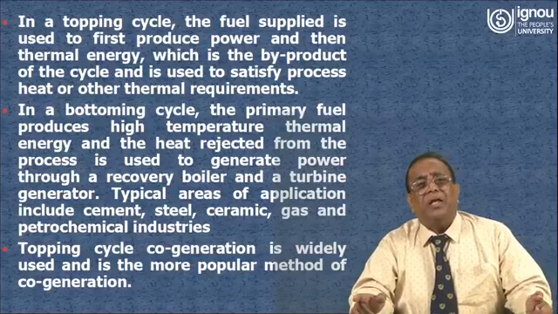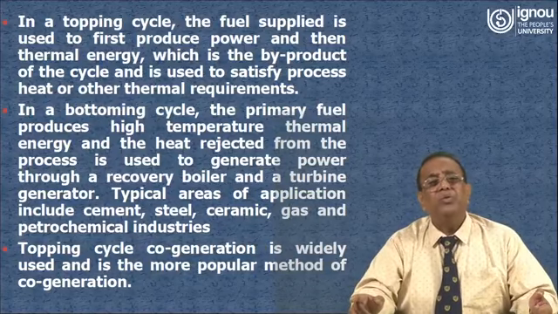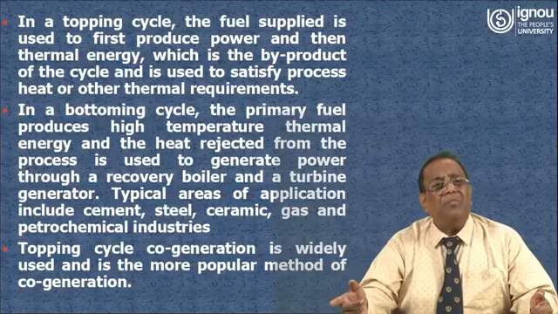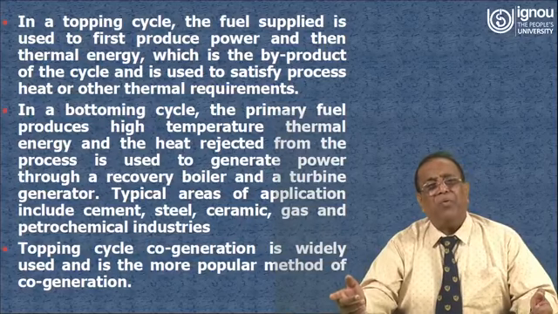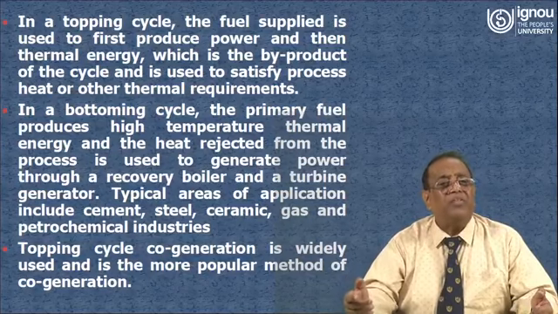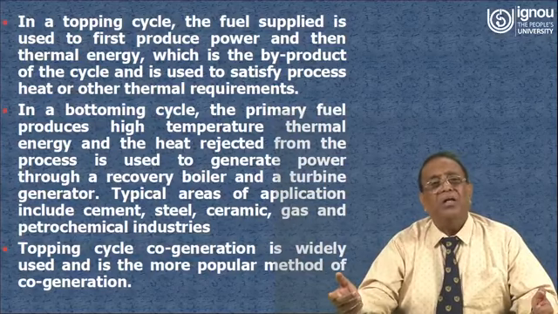In a topping cycle, the fuel supplied is used to first produce power, and then thermal energy, which is the byproduct of the cycle and is used to satisfy process heat or other thermal requirements.